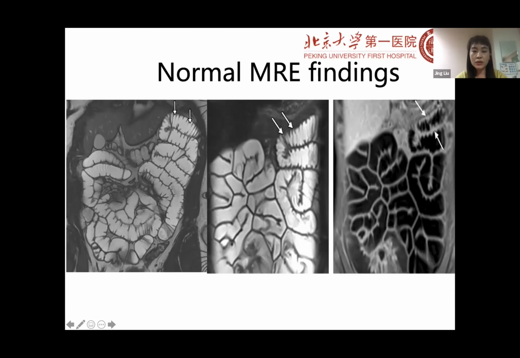And the surrounding bowel wall shows a very thin and homogeneous dark color, which is called low signal intensity. And on T1-weighted imaging, the fluid will show low signal intensity. After introduction of the contrast agents, the bowel wall will show homogeneous and moderate enhancement.